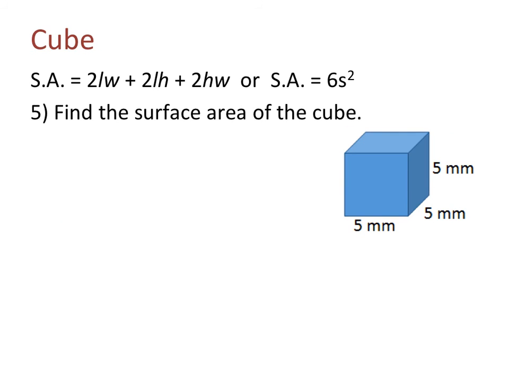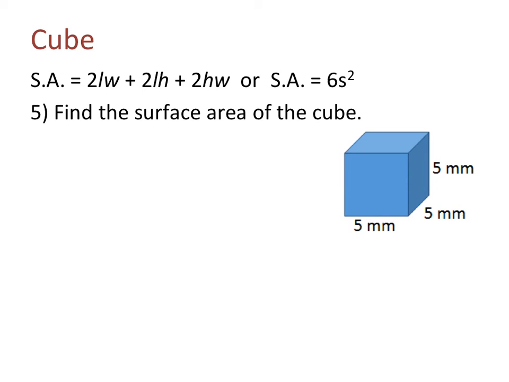Okay, here's our last problem in this section. It's a cube. So a cube is a type of rectangular prism, but more specifically, a cube is a 3D square, so therefore all of the sides are the same, your length, your width, and your height.